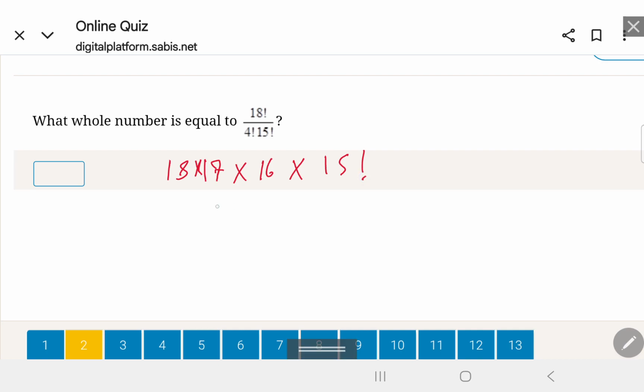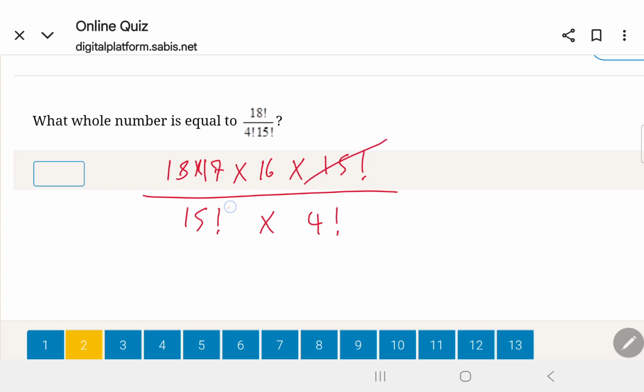You can write it this way, divided by 15 factorial times 4 factorial. So you can cancel this and this. So you get 18 times 17 times 16 divided by 4 factorial.